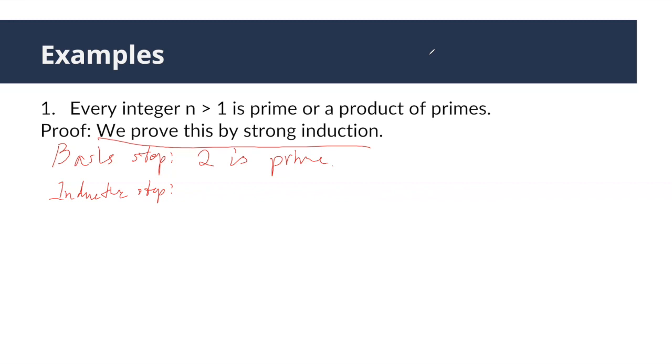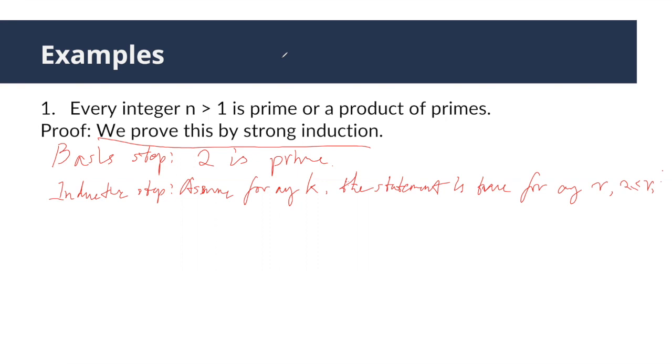And in the inductive step, we first state the inductive hypothesis, which is: assume for any k, the statement is true for any integer r, such that r is between 2 and k.